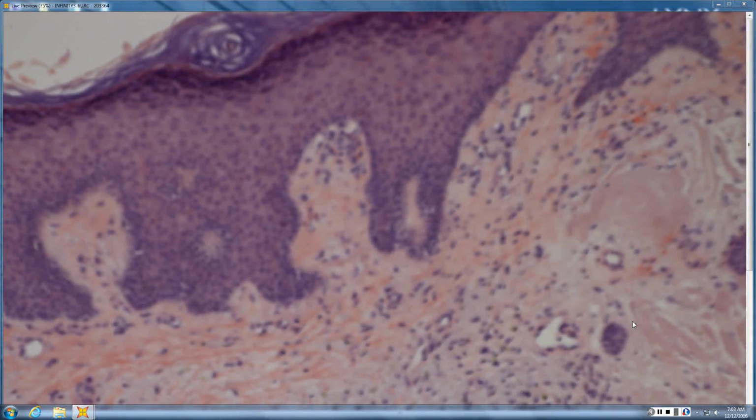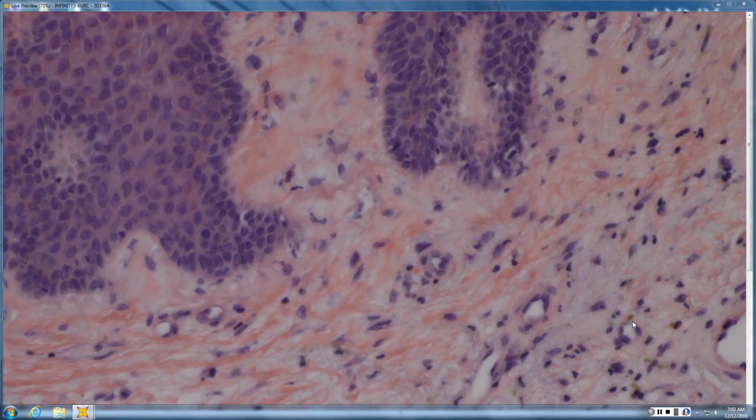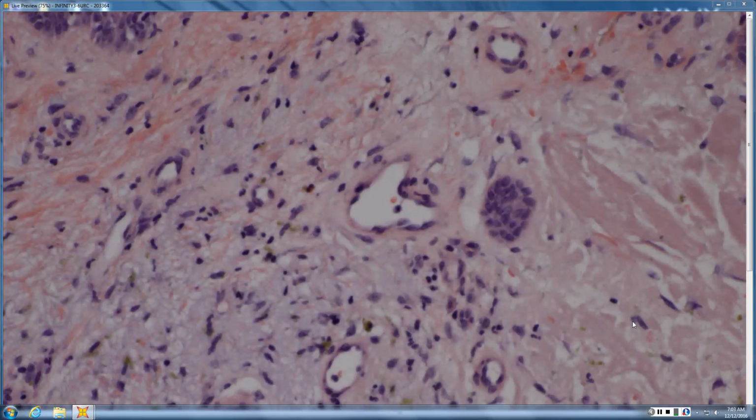Pigment content. Or melanocytes. So is it melanophages, or could it be something else? Because it looks kind of refractile to me. What else makes brown pigment that's more refractile than melanin? Hemosiderin.